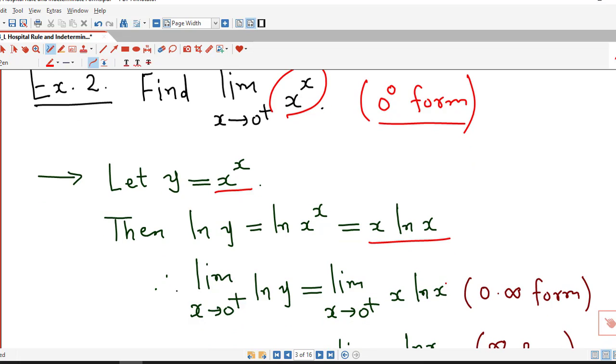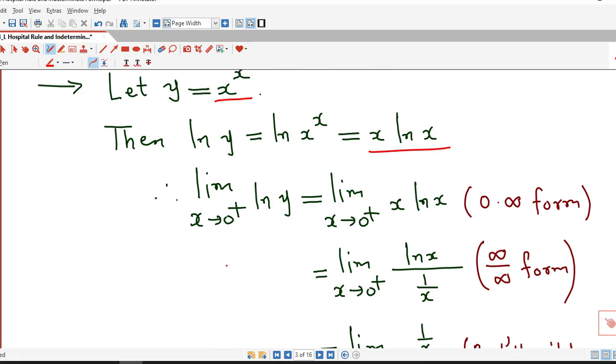Now we apply limits on both sides. Therefore limit of log y as x approaches 0 plus equals limit of x into log x as x approaches 0 plus. If we take x equal to 0, we have 0 here, and log 0 is minus infinity.